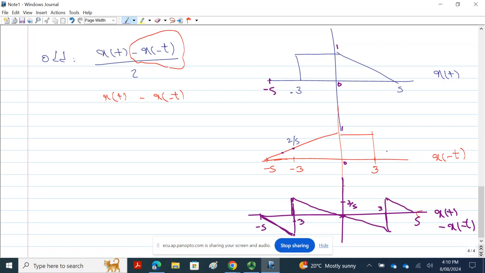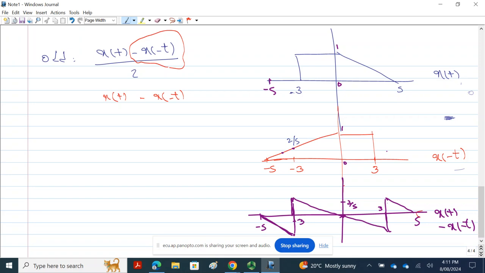Now, what we need to do is xt minus x minus t. So we need to subtract the bottom signal from the top, correct? Now we'll start from minus 5 to minus 3. Minus 5 to minus 3, up here we have 0, minus whatever values at the bottom, right? And it has a positive value, right? Because it's above the x-axis.